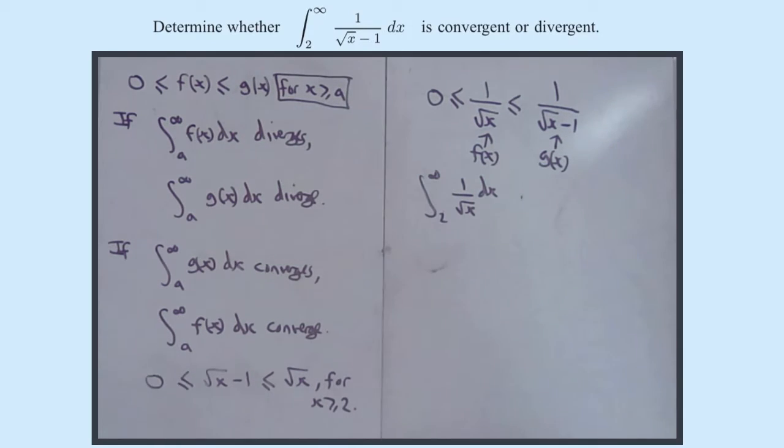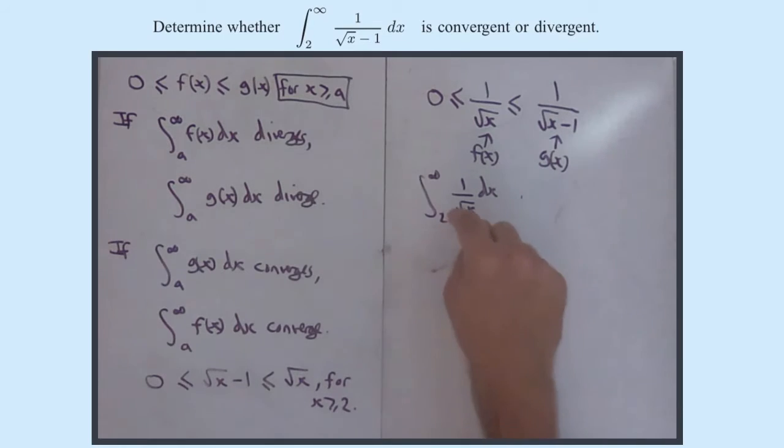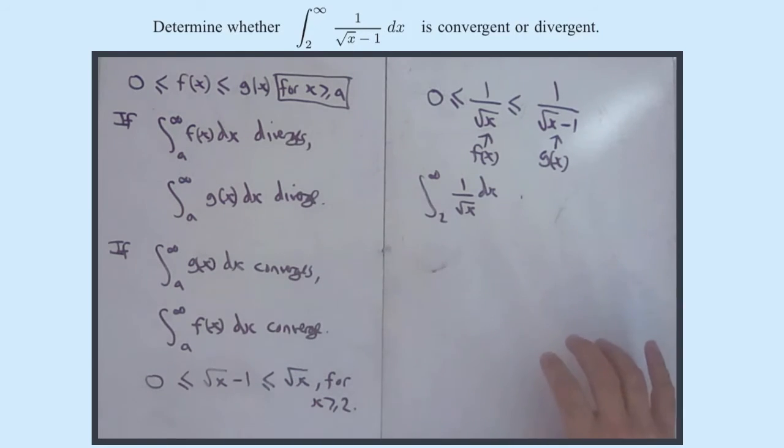We're looking to make this into a p-series. To use a p-series argument, you need this lower limit to be 1. Remember, the p-series is interested in the integral of 1 over x to the p dx between 1 and infinity.